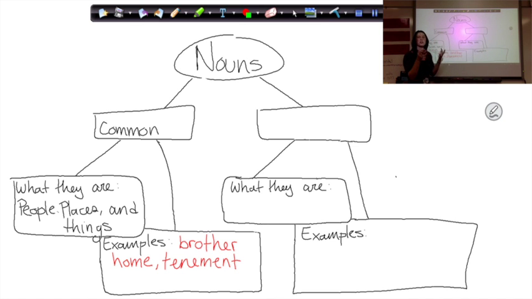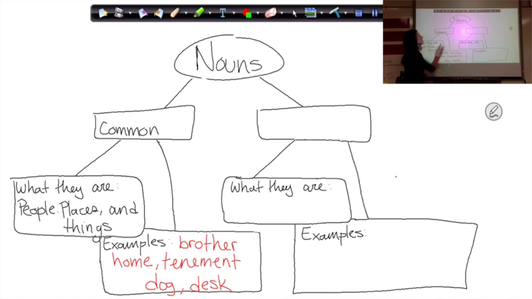It's more like an old deserted building, like an old apartment building. But a tenement, that's a place. It's a building. It's also a thing. Now for things, I'm going to go ahead and write dog. Dogs are things, just like, let's say, the desk is a thing.